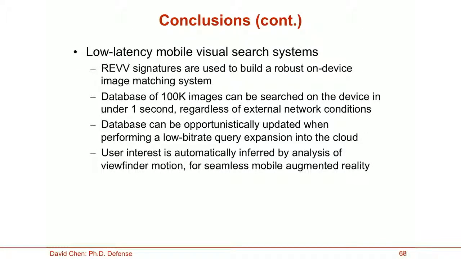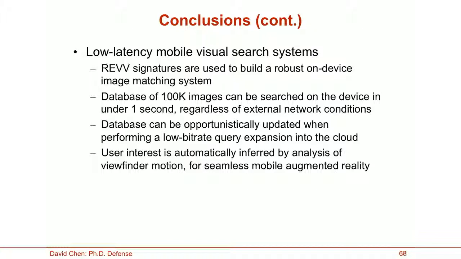In the third part of my research, I applied these memory-efficient signatures that I developed in building practical, low-latency mobile visual search systems. In particular, the REVV signatures are utilized to build a robust, on-device image matching system. A database of 100,000 images can be searched on the device in 1 second or less, regardless of external network conditions.